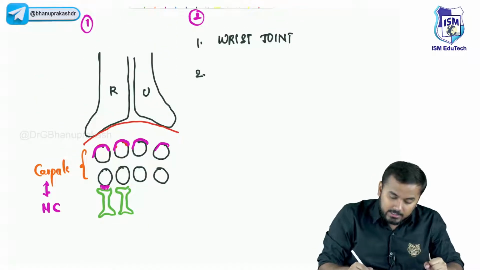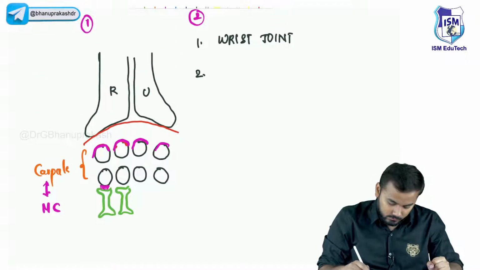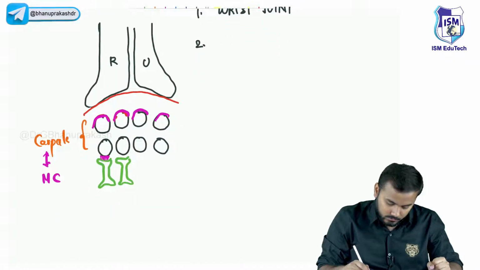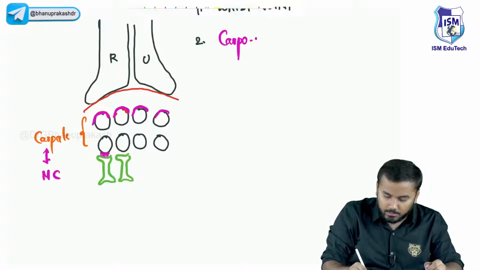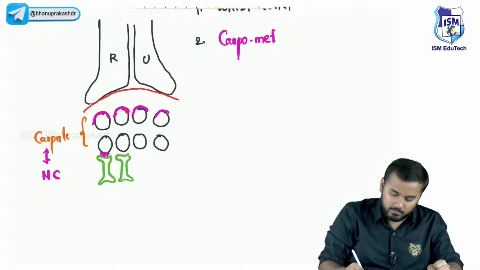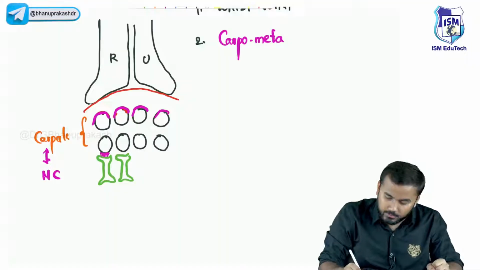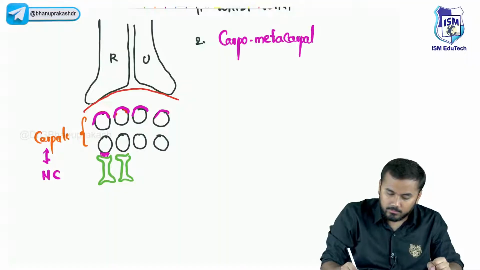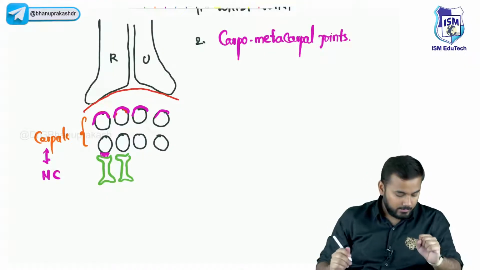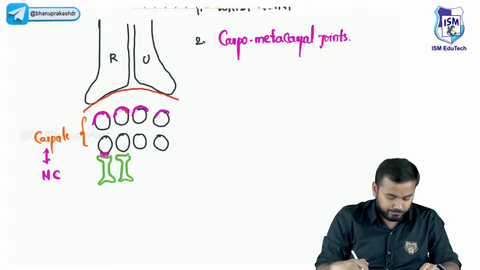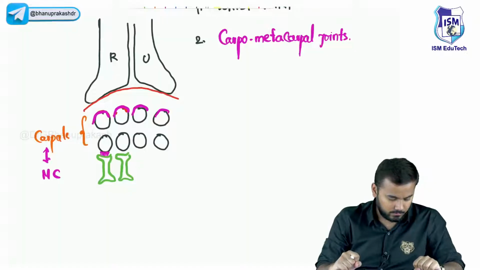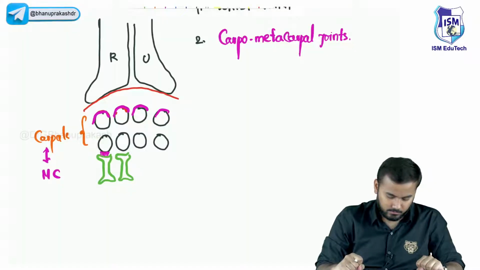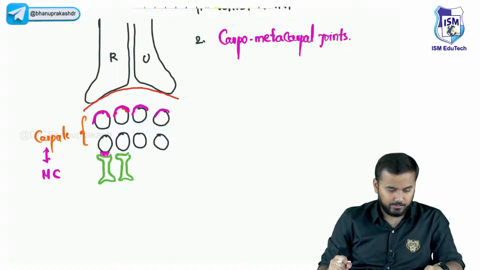So the second important example is carpo-metacarpal joints. Clear? Guys, all of you understood? Very good.